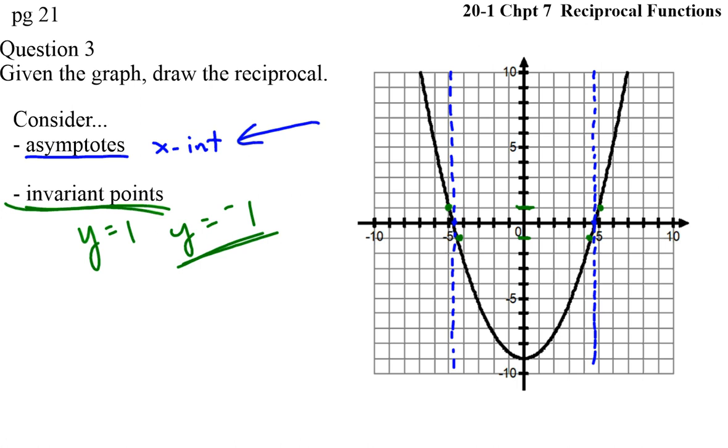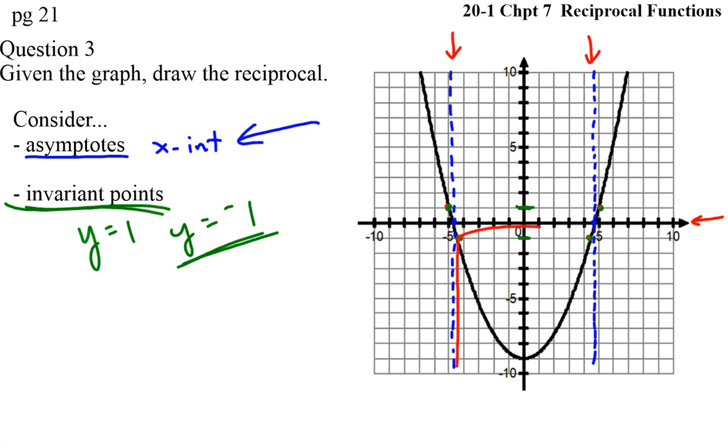So I need to create my reciprocal graph considering not to intersect my asymptotes, and I have to go through my invariant points. Well, remember, we got 3 parts. Here's my middle part.